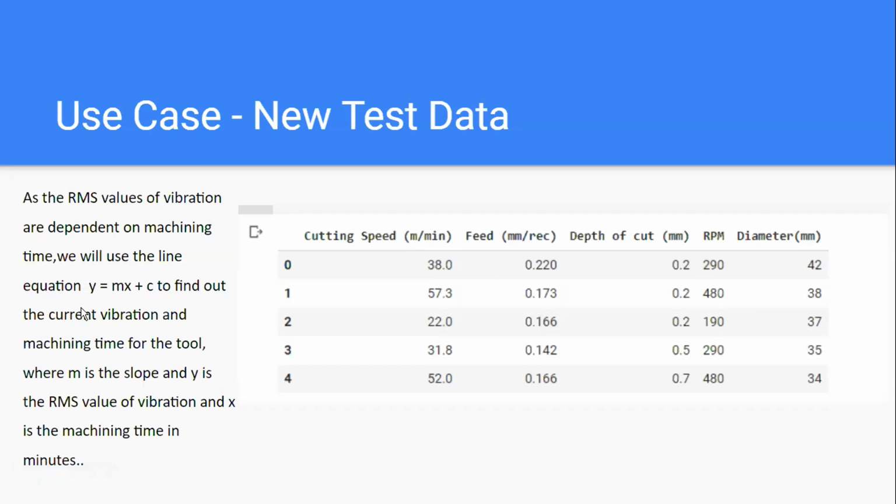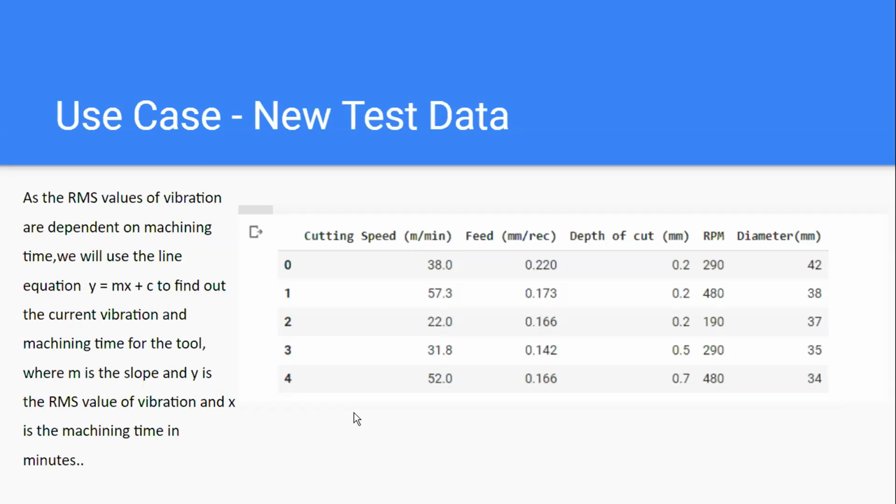Akhilesh, just a minute. In this case, because you have taken RPM, the diameter and the cutting speed, they are not independent. They are dependent variables. I'm not sure whether you understand the lathe machine cutting process, but the RPM and the diameter will give you the tangential speed, and that is the cutting speed.